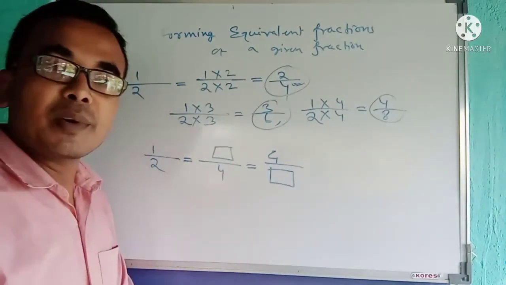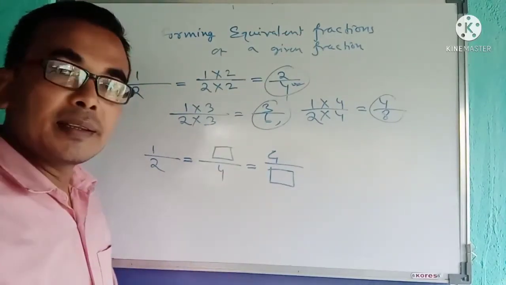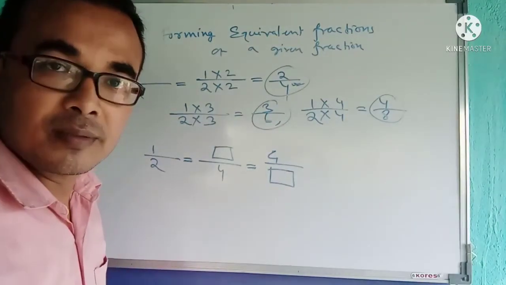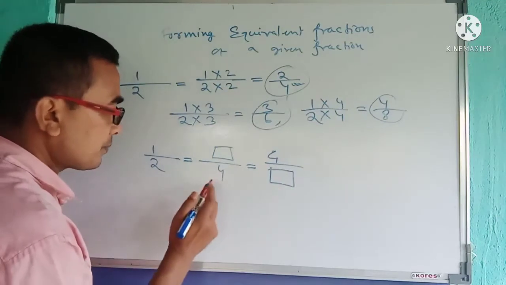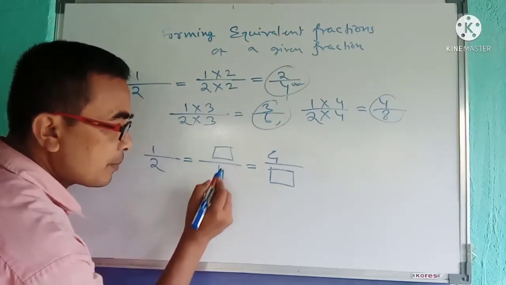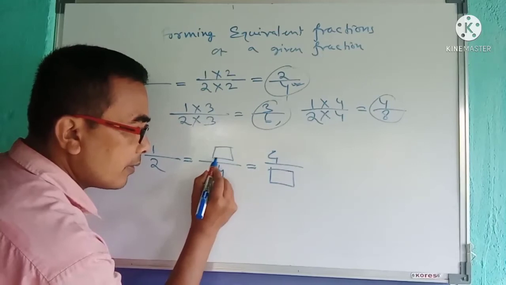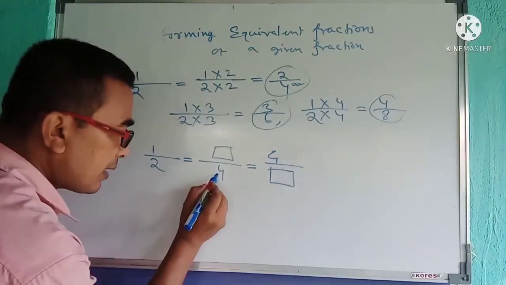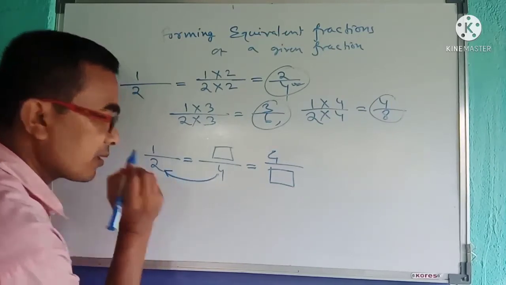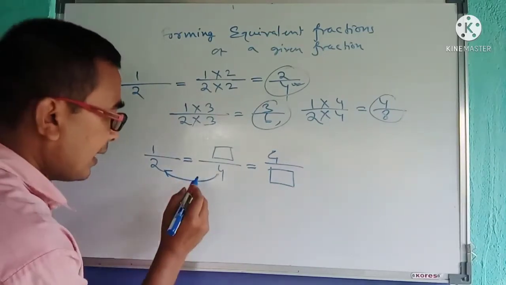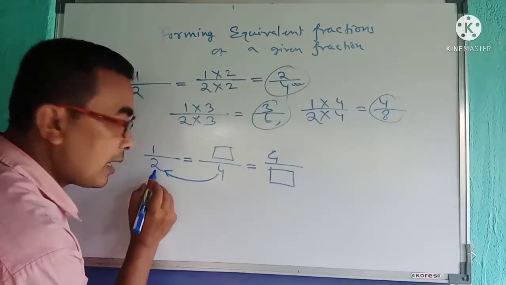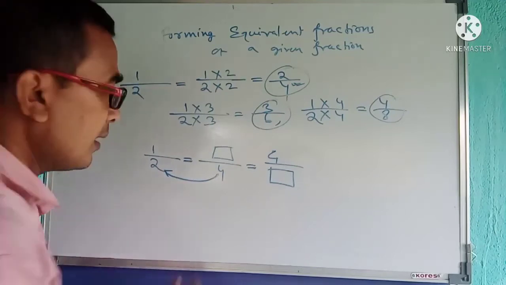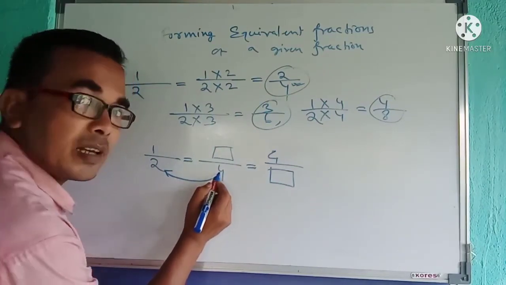In this type of problem you can easily solve it by comparing the given part with the original fraction. Okay, so in the first fill in the box fraction, the given part is the denominator. So you have to compare the denominator with the original fraction. The original fraction is 1 over 2, and in the first equivalent fraction the denominator has changed, it becomes 4.